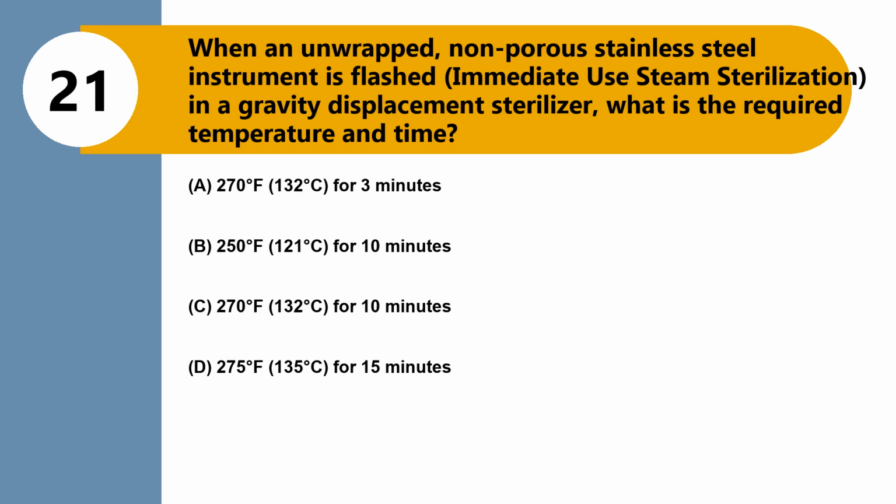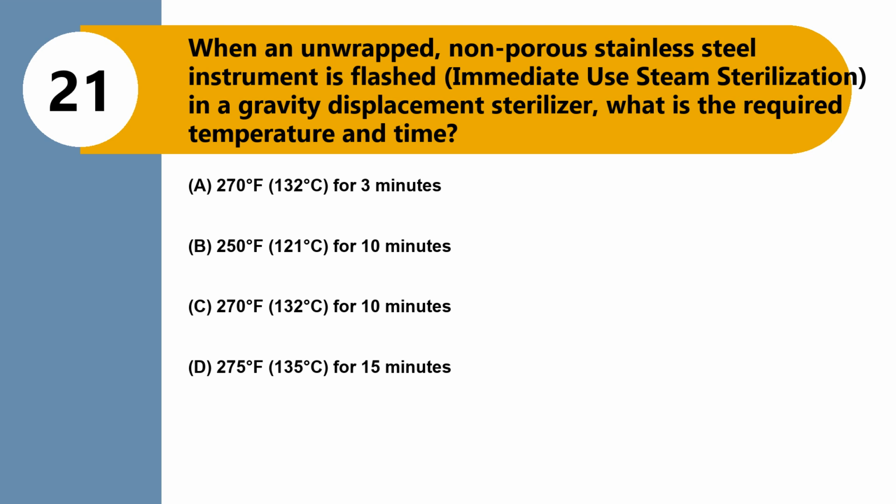Question 21. When an unwrapped, non-porous stainless steel instrument is flashed, immediate use steam sterilization, in a gravity displacement sterilizer, what is the required temperature and time? Option A. 270 degrees Fahrenheit, 132 degrees Celsius, for 3 minutes. Option B. 250 degrees Fahrenheit, 121 degrees Celsius, for 10 minutes. Option C. 270 degrees Fahrenheit, 132 degrees Celsius, for 10 minutes.